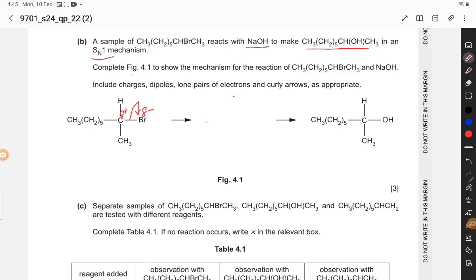Draw a curly arrow, and now you have to draw the intermediate R. This carbon becomes positive because bromide is leaving, the leaving group, and CH3, because nucleophilic substitution. So OH, draw a curly arrow on this. So this compound is formed.